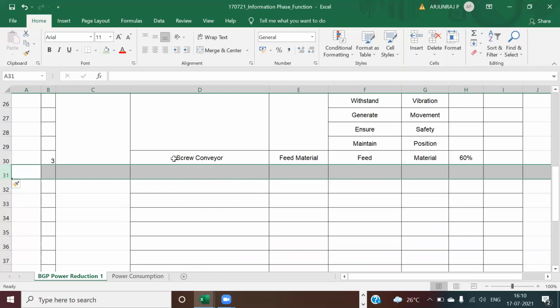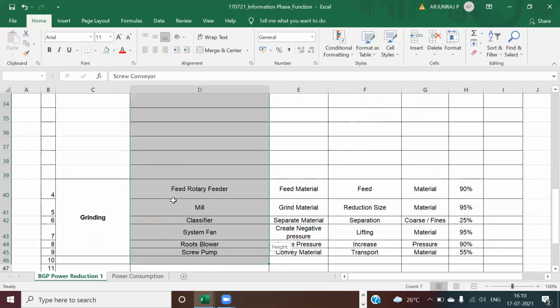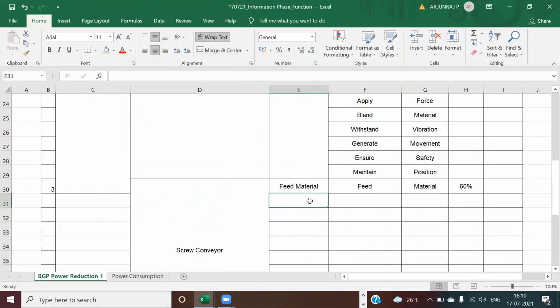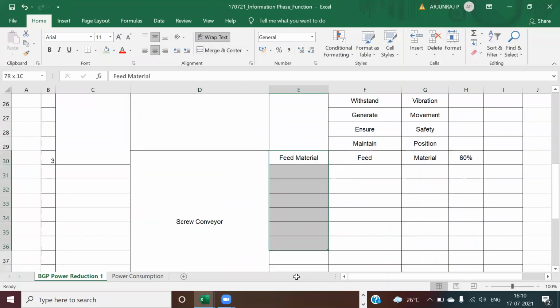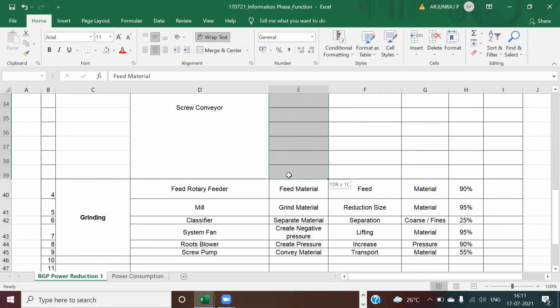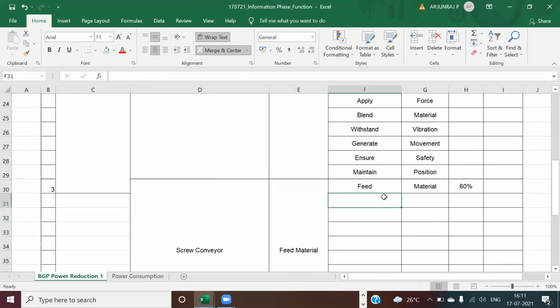So now you can tell about some other functions of the screw conveyor. Apart from feeding material, what can we include? Uniform discharge, discharge at different height, discharge at different distance.